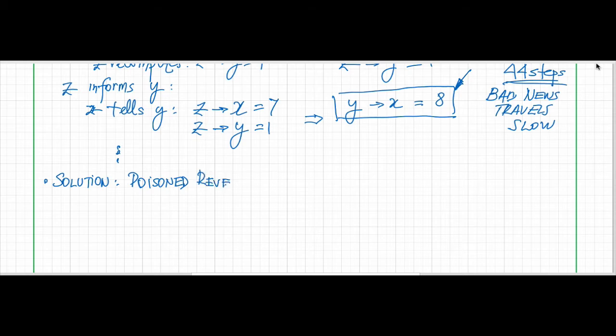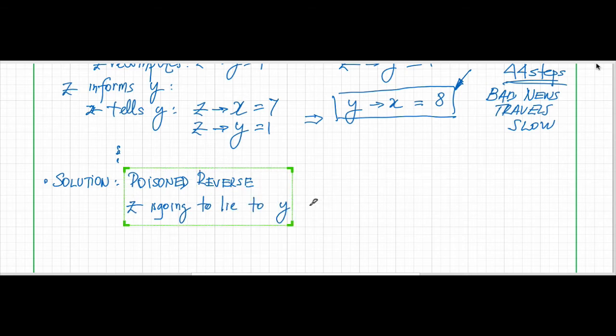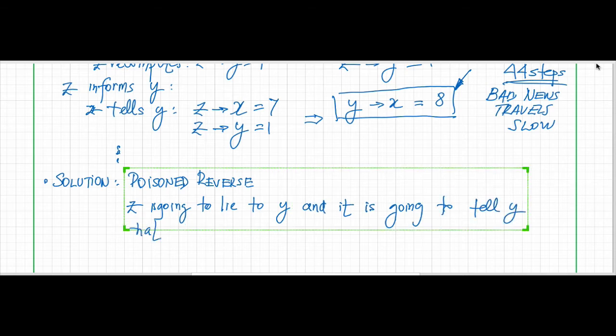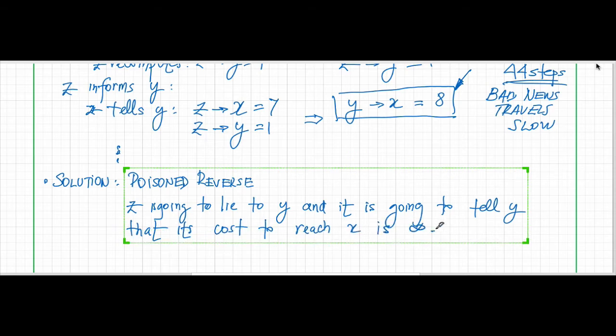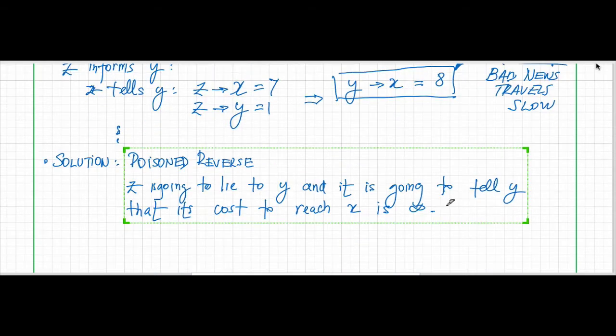And what it means is that in this case, Z is going to basically lie to Y, and it is going to tell Y that its cost to reach X is infinite.